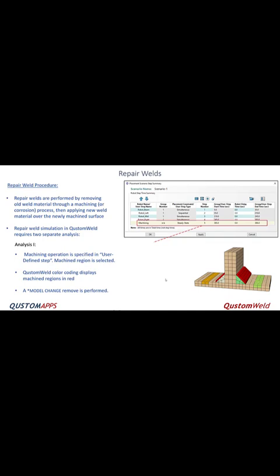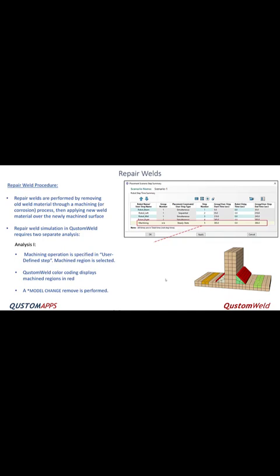Then sometimes they'll machine part of it down and then start adding more welds, or weld beads, on top of that. So that's one case that we refer to as repair welds. The other case is, let's say you have some corrosion on the exterior of a weld and you want to go in and machine that off and then add new material to replace it. So both of these can be considered repair welds.